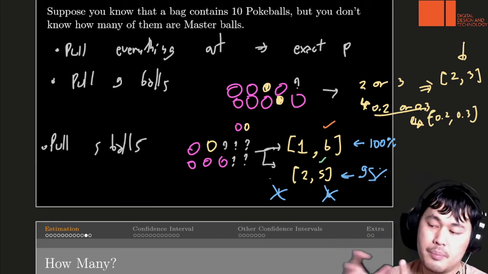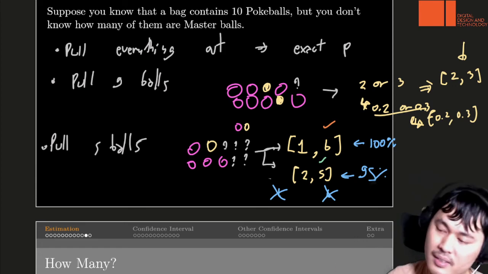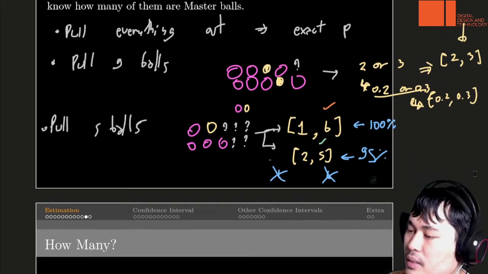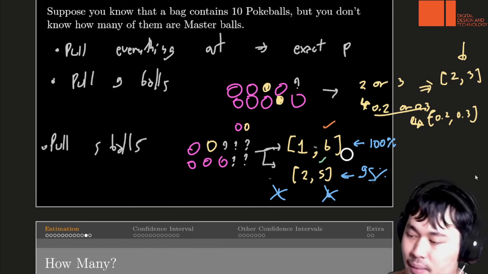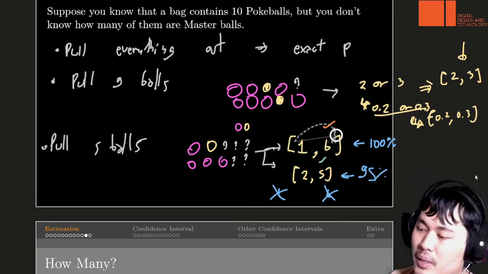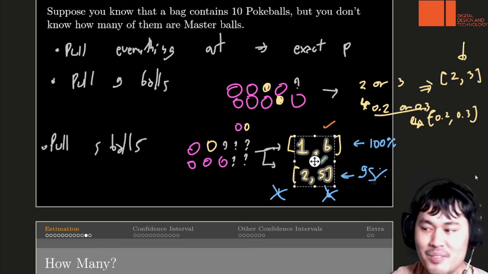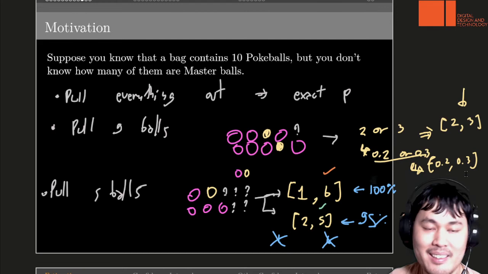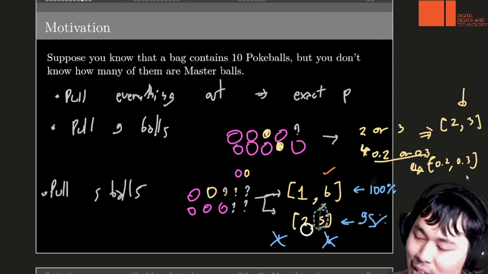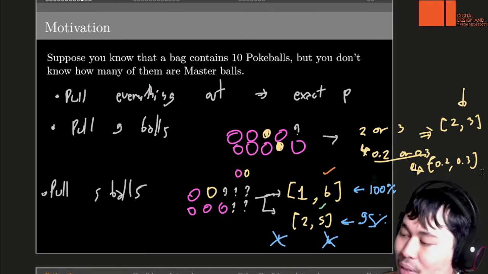And once it's smaller, then we have a better idea of what we should conclude about the contents of the bag, or what kind of decision we would make based on that. Like should we buy the bag and hope we get 5 master balls, for instance.